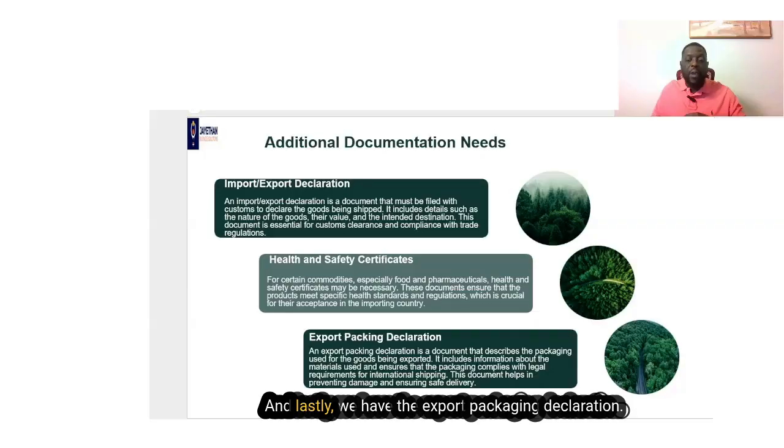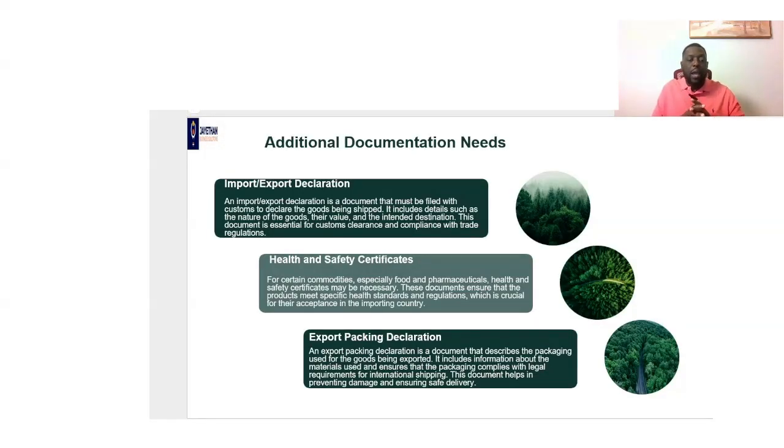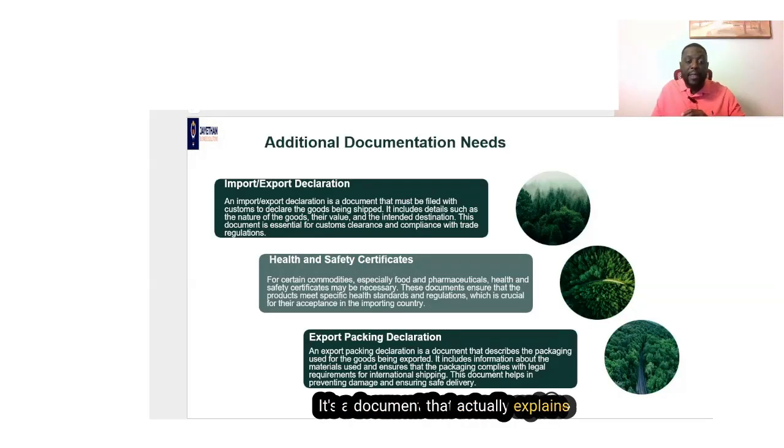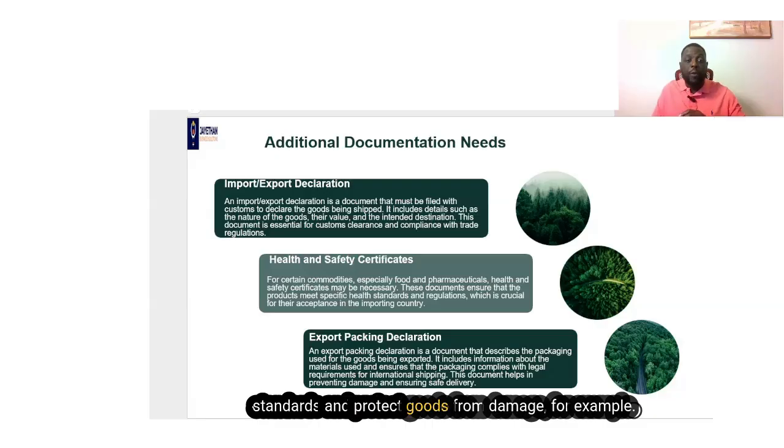And lastly, we have the export packaging declaration. What is it? It is a document that explains how the goods are packed for shipment. And why is it needed? It ensures packaging meets international shipping standards and protects goods from damage.